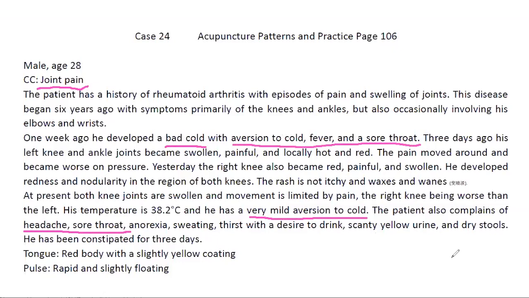So it looks like the main problem is joint pain. That means we do not necessarily diagnose it as common cold. Yes, there is some external pathogen invading, but because the main problem is joint pain, we only diagnose it as Bi syndrome, or maybe painful obstruction.